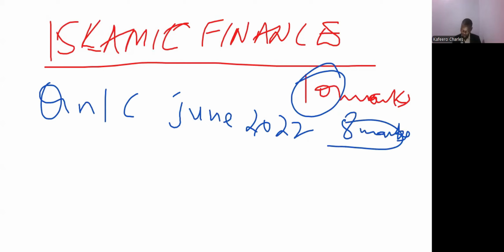So if you see Islamic finance is carrying 8 marks, it means it's an area that you need to look at in detail. Specifically in this question, it just wanted us to look at the advantages and the disadvantages of Islamic finance, which are not hard to answer, and anyone can be able to score those marks.